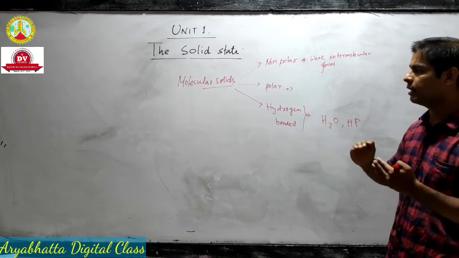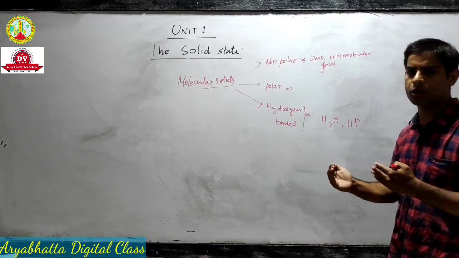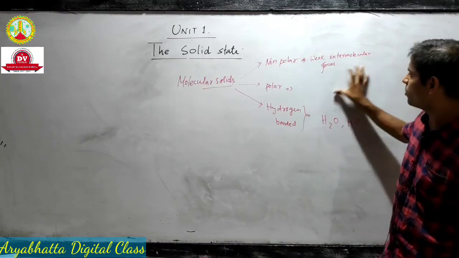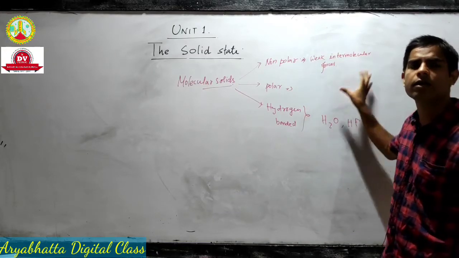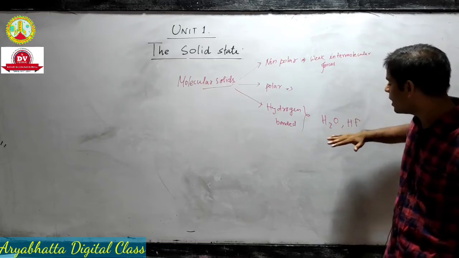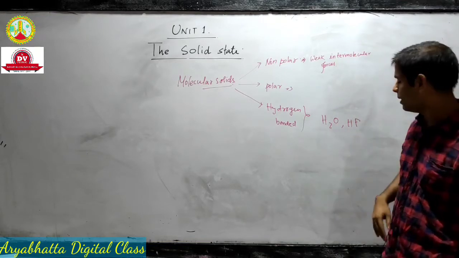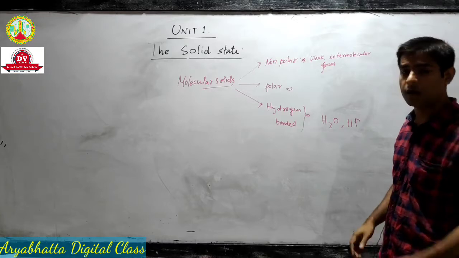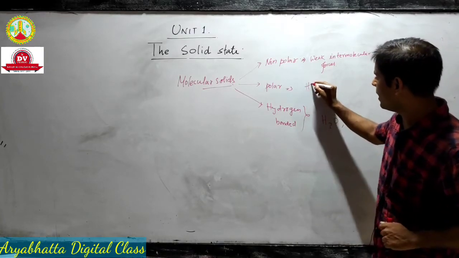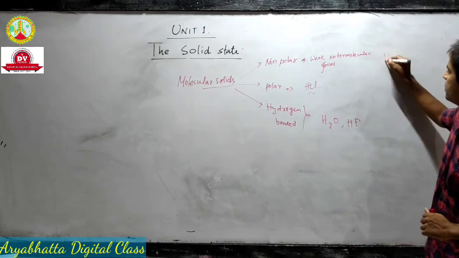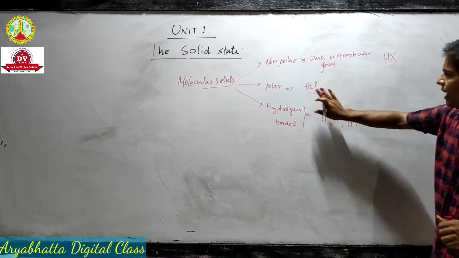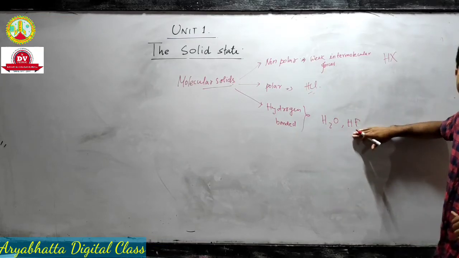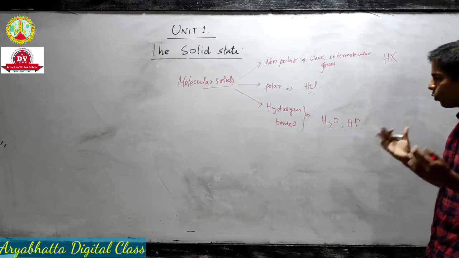Hydrogen bonding gives an extra intermolecular force. Apart from the van der Waals force, there is hydrogen bonding in water and hydrogen fluoride. If we compare HCl, which is like HX, HCl is a gas, but HF is a liquid at room temperature. Why?